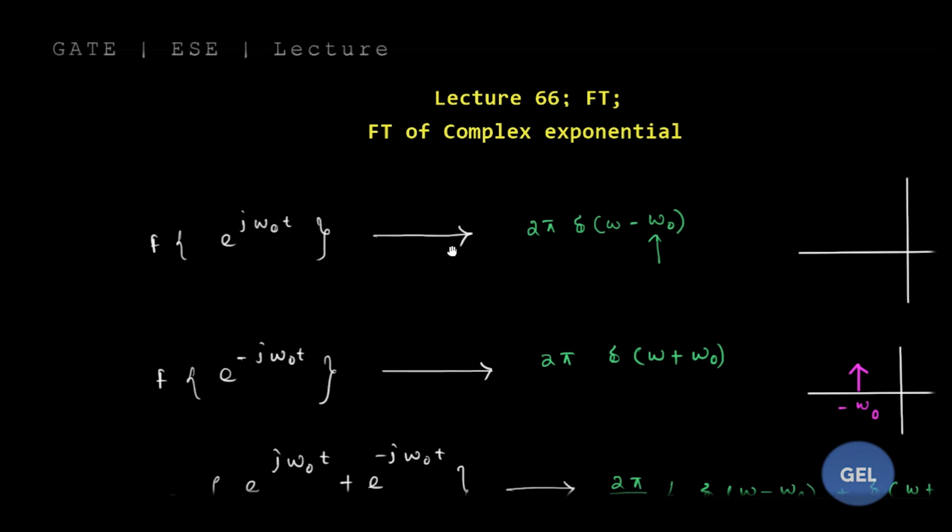Look here carefully. It is asking what is the Fourier transform of e to the power j omega naught t? Now, there are two ways of doing it. You can do it this way: e to the power j omega naught t into e to the power minus j omega t dt, and take the integration from minus infinity to infinity.